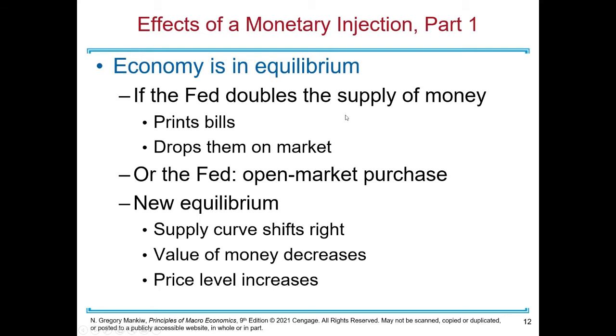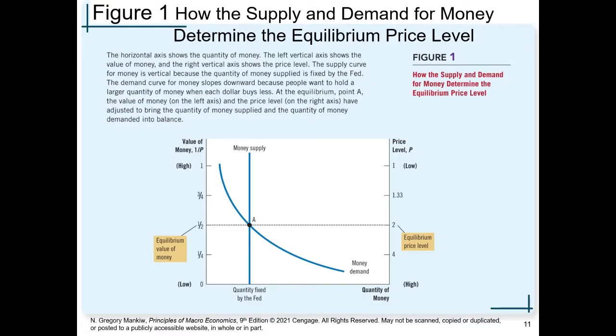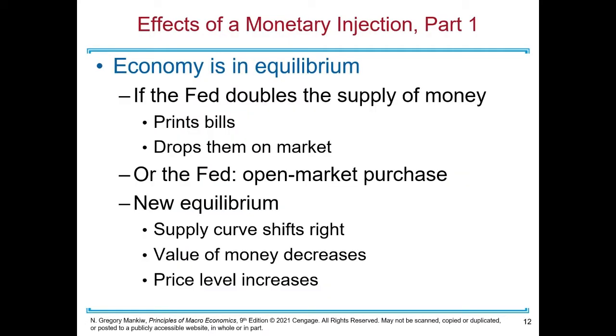So let's talk about the effects of a monetary injection. If the Fed increases money supply, what's going to happen? Let's look at the money supply shifting to the right. It's going to be on this graph, but just imagine money supply shifting to the right. We already discussed how the Fed does it, right? They can print bills, they can do open market purchases.